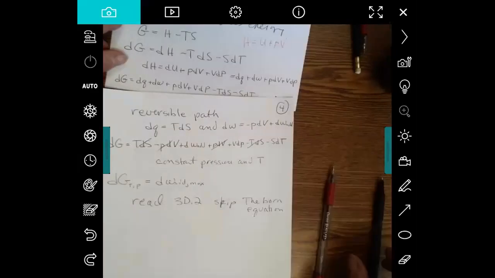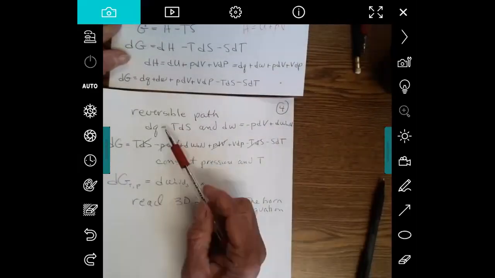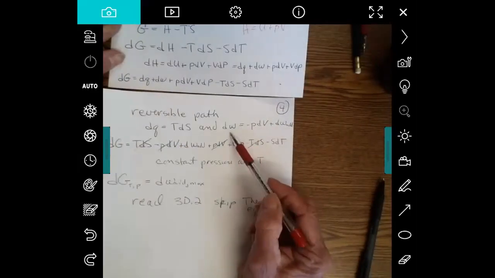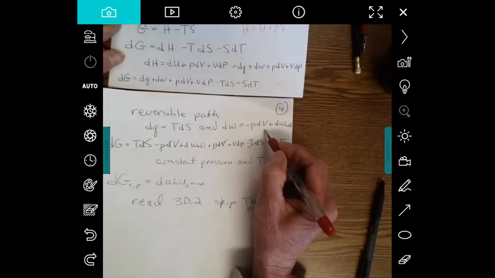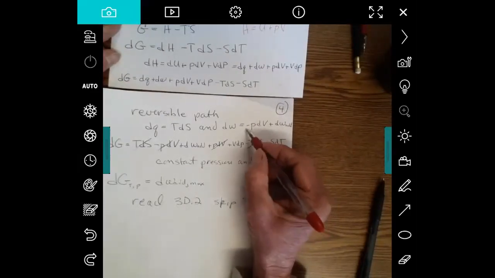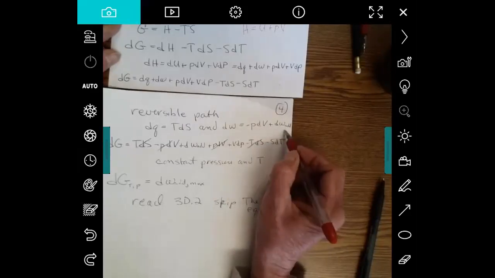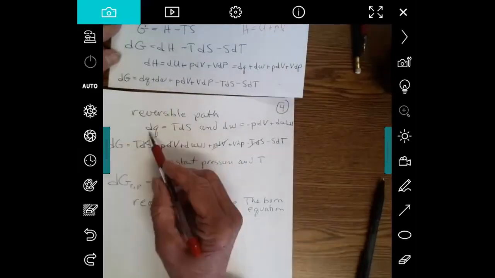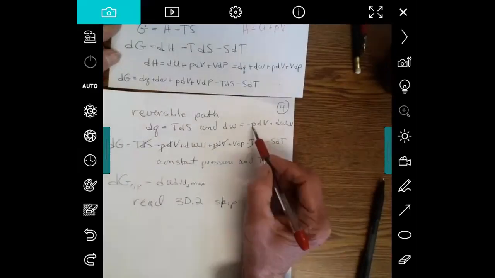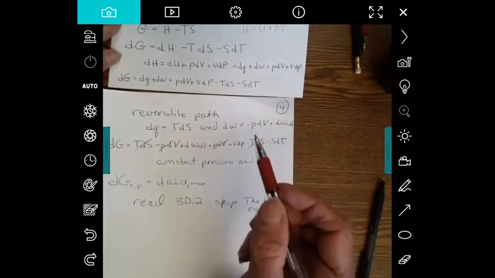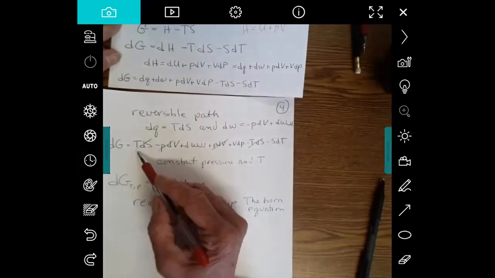If I pick a reversible process, then dq equals TdS, so I can replace that dq. And work should be equal to the expansion work. If it's reversible, this is the pressure of the gas and not external pressure, so it's negative PdV plus any additional work. So it might be electrical, might be surface tension, any work other than expansion work. So if I replace dq with TdS and I replace dw with expansion work plus the additional work, then we will see that lots of stuff cancels.